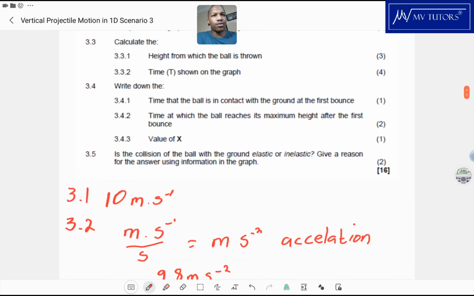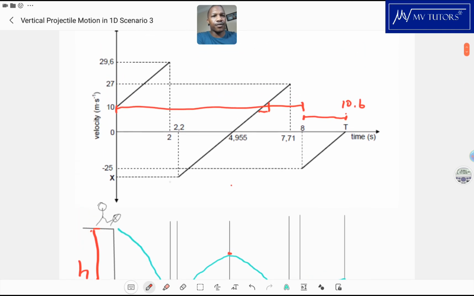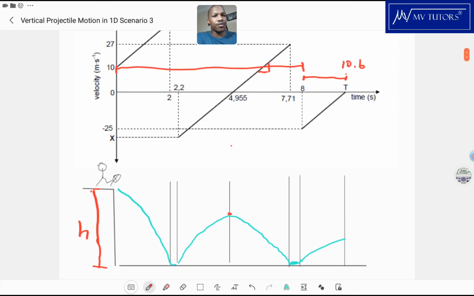The value of x. Okay, where's x? X is over there. So what's happening at x? Actually, what's happening at x is that's where it leaves. Now this requires you to know a bit of theory. The initial velocity is equal to the final velocity here.